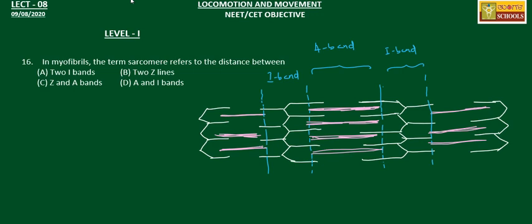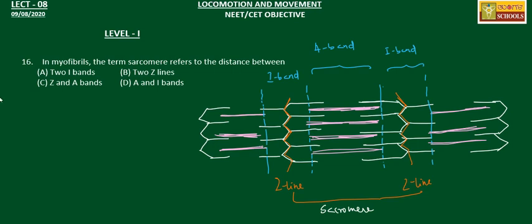So here in the I band you will see this portion is the Z line. So this is the Z line. Here also same, you will see the Z line. So from one Z line to another Z line is one sarcomere.